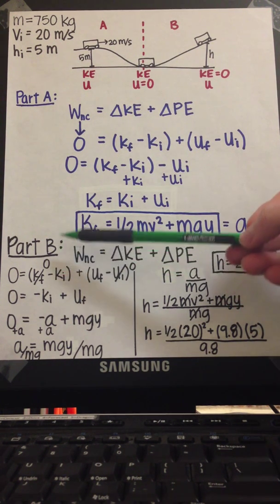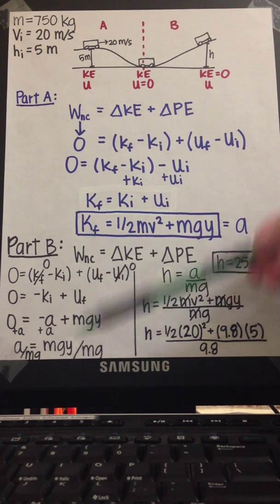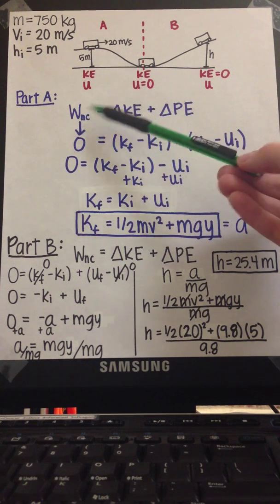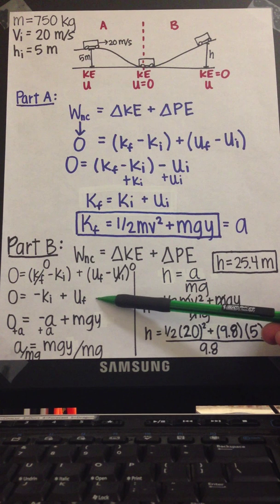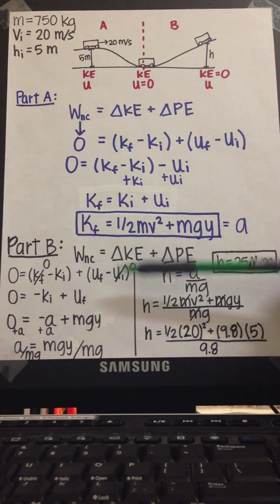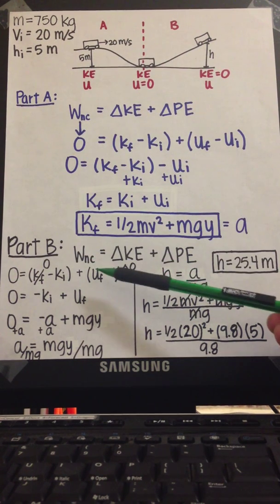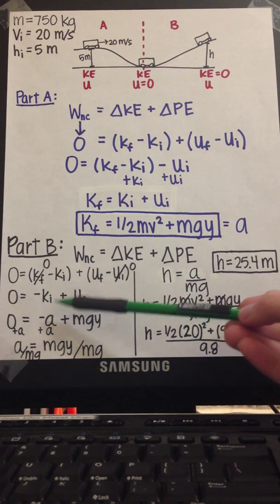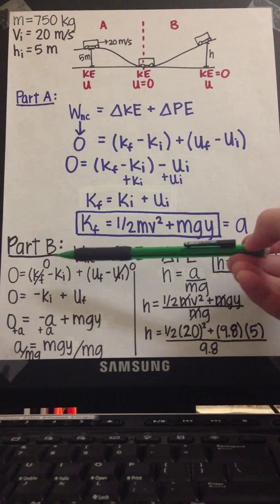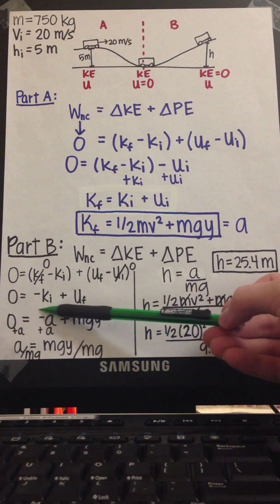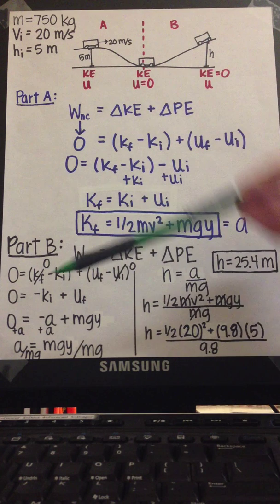The initial kinetic energy is the same as the final for the first part, and you have final potential energy, but you don't have any initial potential energy because it starts at the horizontal. The non-conservative work is zero because the question said to ignore air resistance and friction forces. So you get zero equals negative initial kinetic energy plus potential energy final.